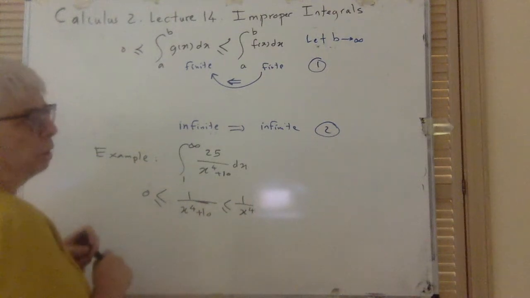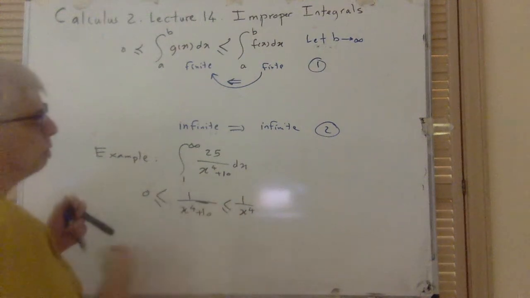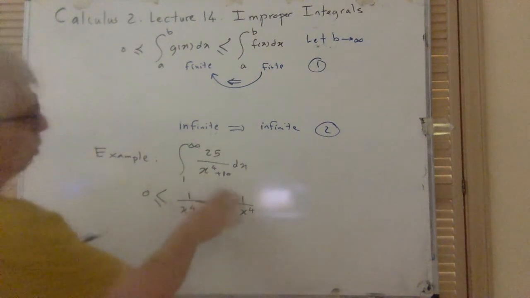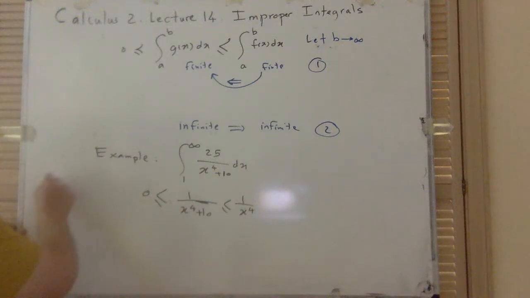Algebraically speaking, since these two are positive, we can say that x^4 is less than x^4 plus 10, and when I flip them, this thing changes.